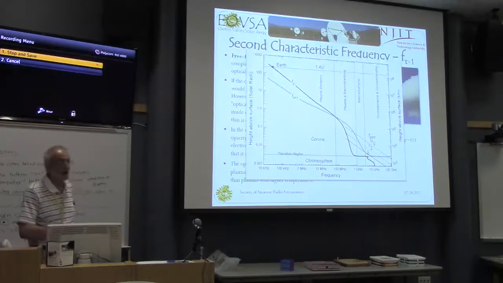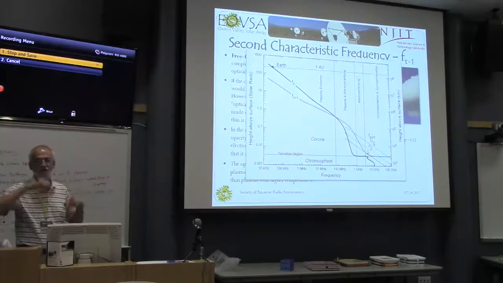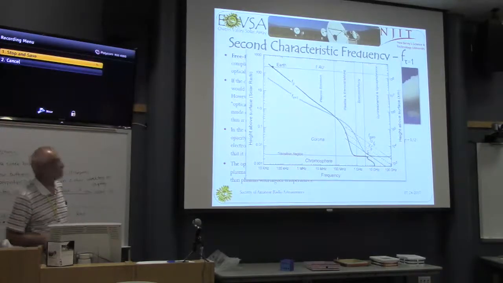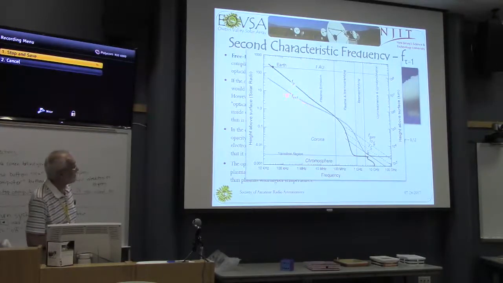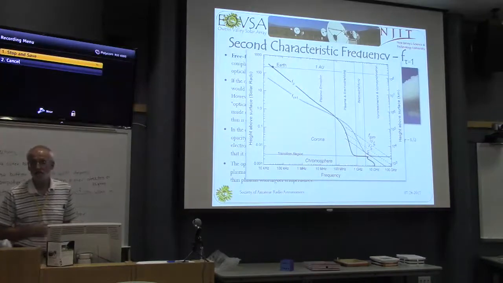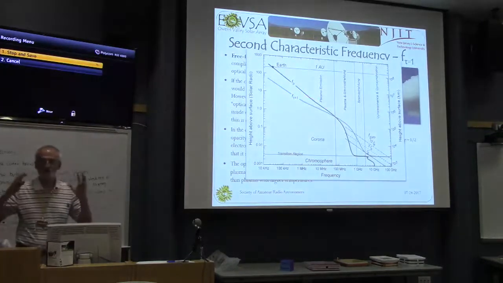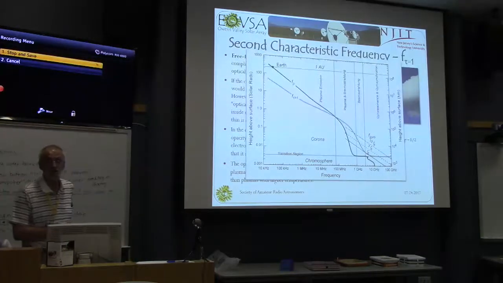It does propagate, but it ends up colliding and interacting many times before it gets to that optically thick surface, so you really can't see below it. But here, it's the opposite case. The optically thick surface is here, but those waves at that frequency cannot propagate because they're below the plasma frequency. So in essence, the surface of the sun, what the sun looks like, is provided by the uppermost of these curves.